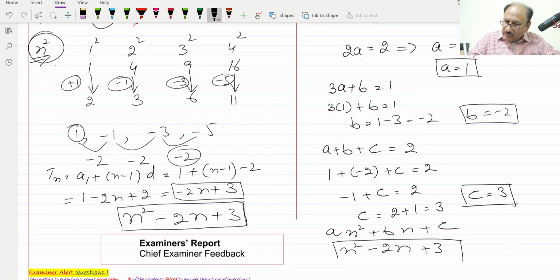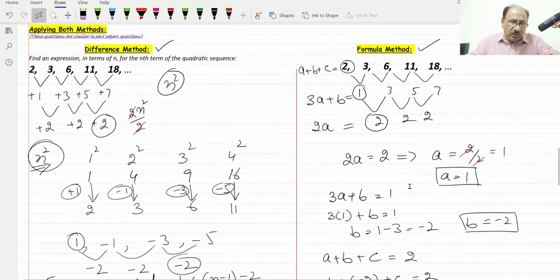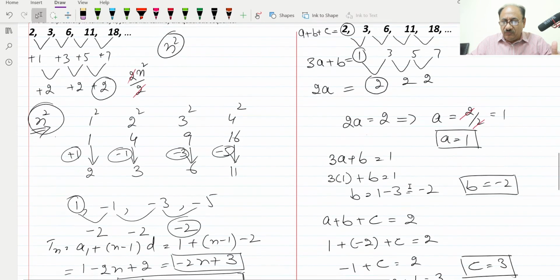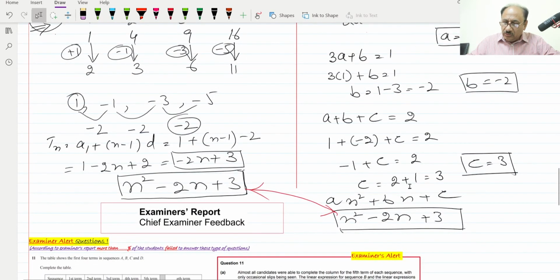You can see this answer is exactly the same as we have done over here. So these two are same. Whatever method you apply, you will get the same answer, whether you are applying the difference method or the formula method. Now it is up to you which method you like and which method you are comfortable with. You can continue with that one.